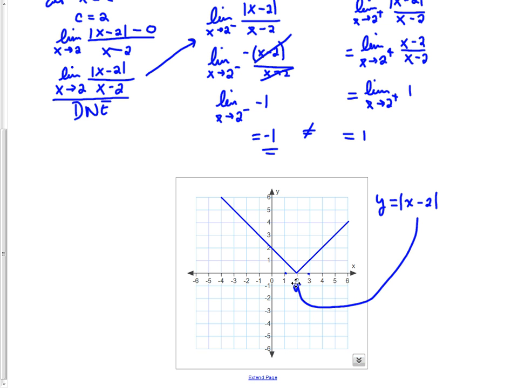We're going to find that there are certain functions where we come to this kind of behavior, where we have a different slope on the left and a different slope on the right, and we call this a point of non-differentiability. So we would say that this function is non-differentiable at the point x equals 2. So now we know.